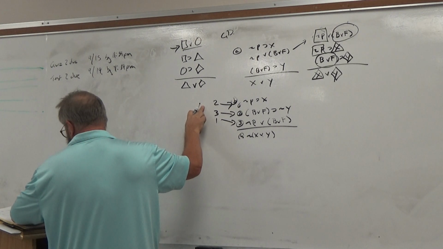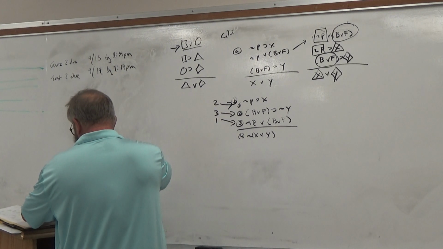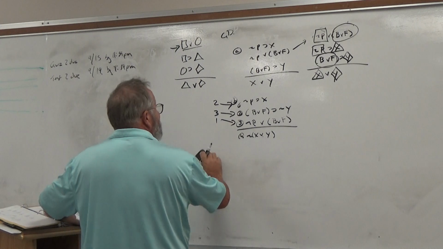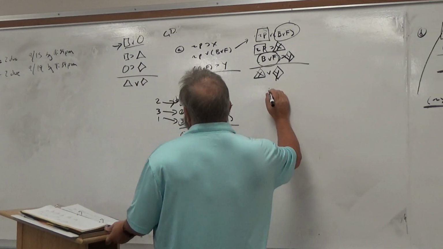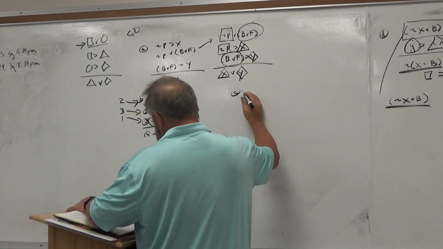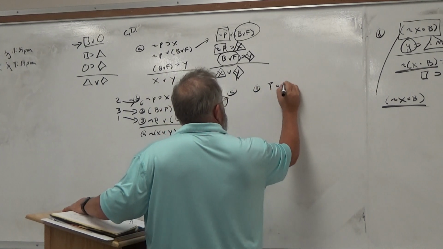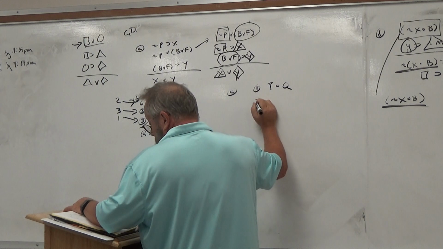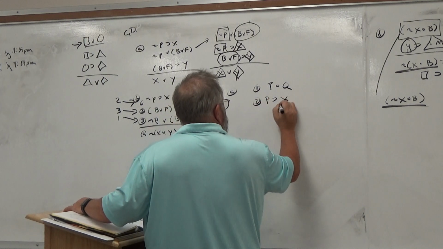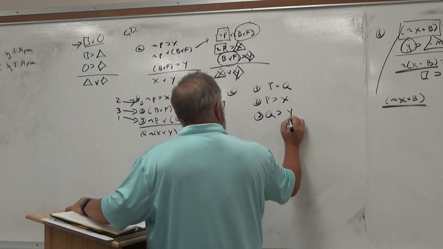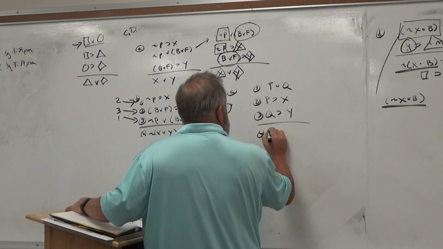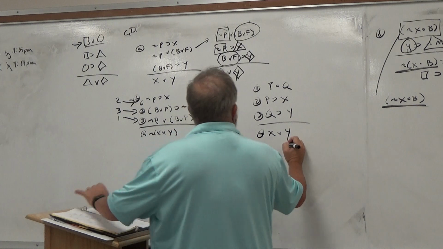This was B. Okay, and now look at C. We're going to do C. This is 5C. We have P and Q. 2 is P, then X, 3 is Q, then Y, and we're trying to get to X or Y.